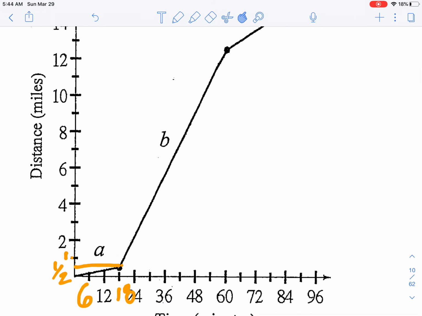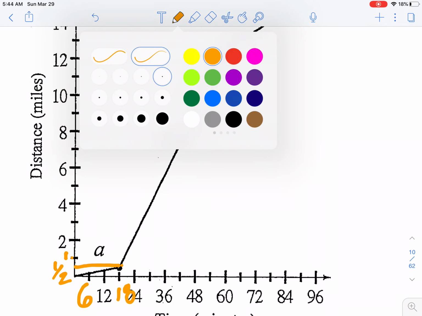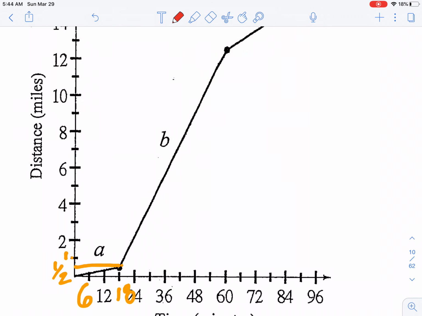Section B is where it can become a little tricky if we're not careful. Section B didn't start until 18 minutes, and it looks like it's at 60. So it went from 18 to 60.